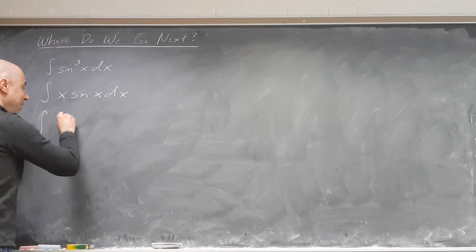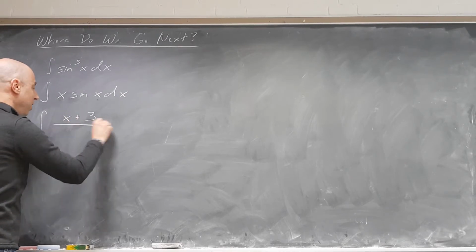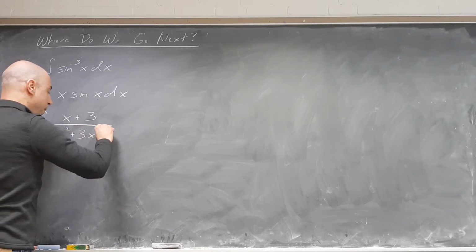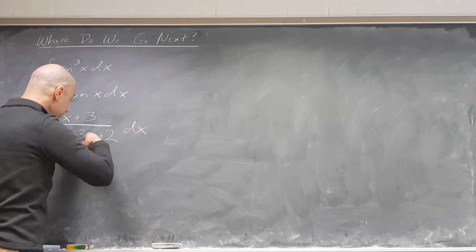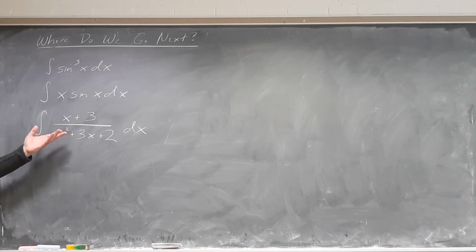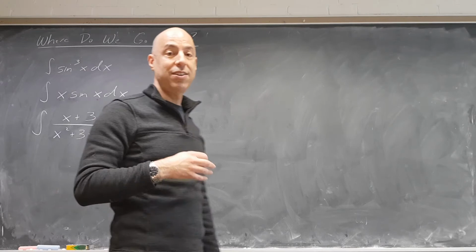Let's say I just have (x + 3) over (x squared + 3x + 2). We have no idea how to find the antiderivative of something like that yet, which is a little bit frightening because this is just built out of plus, minus, times, and divide. I didn't even use minus there, but we don't know how to find the antiderivative of that.